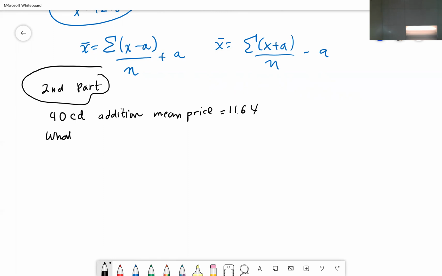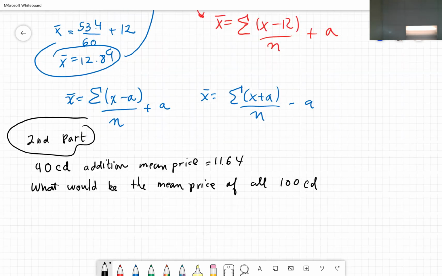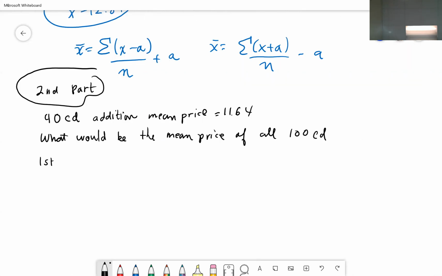So what would be the mean price of all 100 CDs? What was the mean for the previous question? 12.89. So for the first 60, we got a mean price of 12.89. For the second 40, it was 11.64.